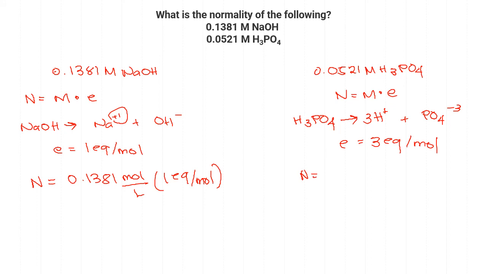And on the other hand, we will write 0.0521 moles per liter multiplied with our 3 equivalents per mole. I am now giving you 30 seconds to calculate for the normalities of both solutions.